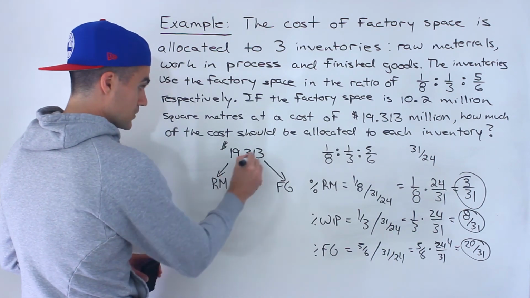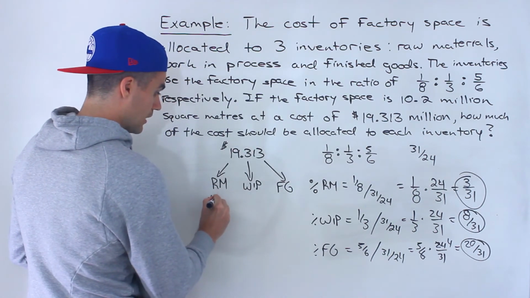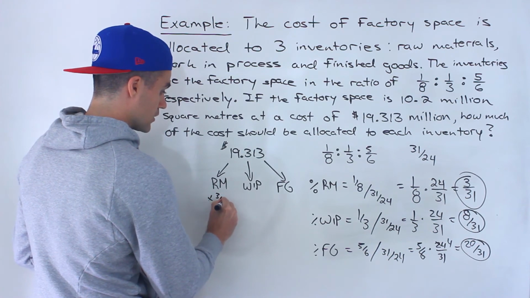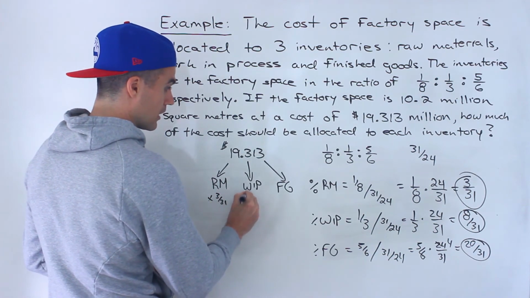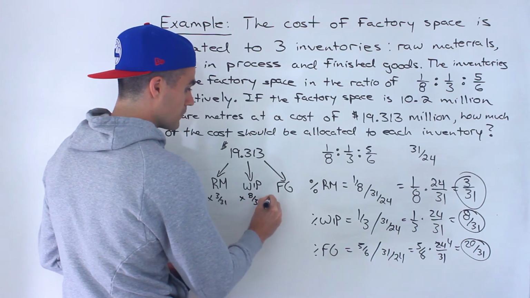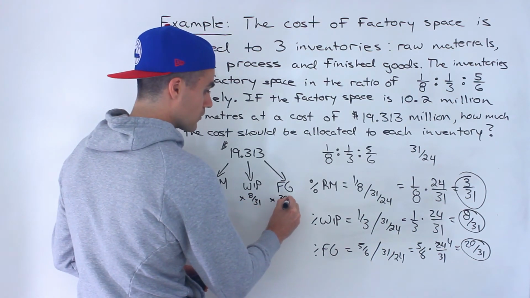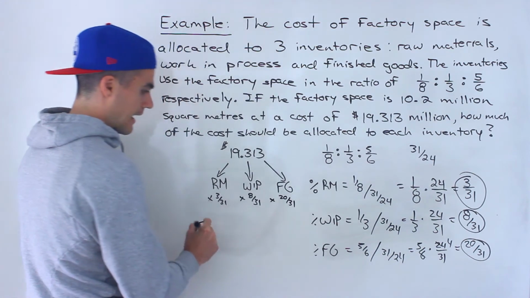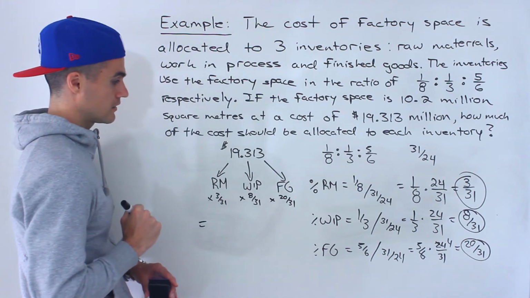So we take this amount and multiply it by 3 over 31, multiply it by 8 over 31, and then multiply it by 20 over 31, and that's how we get the allocated costs.